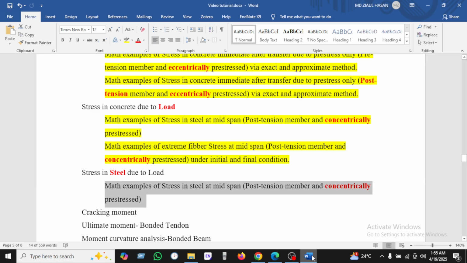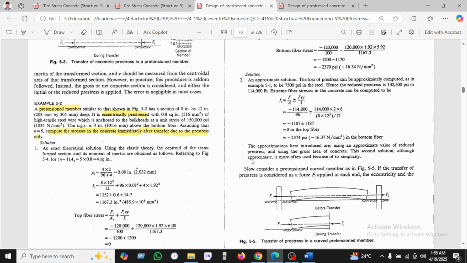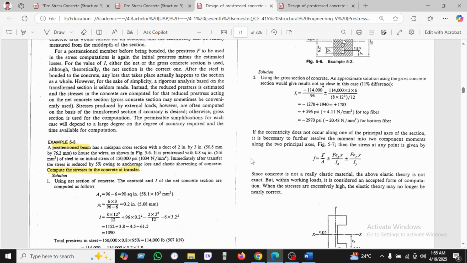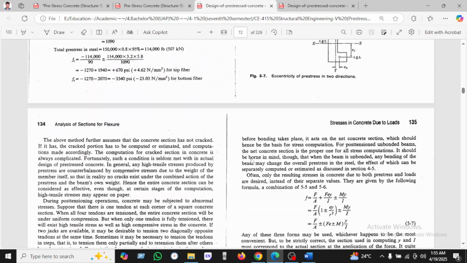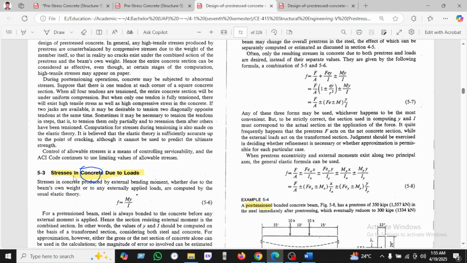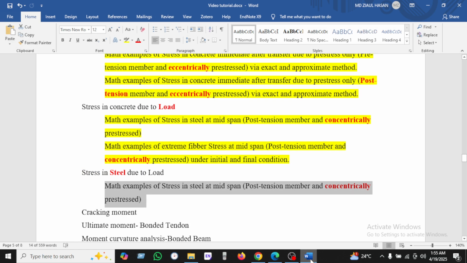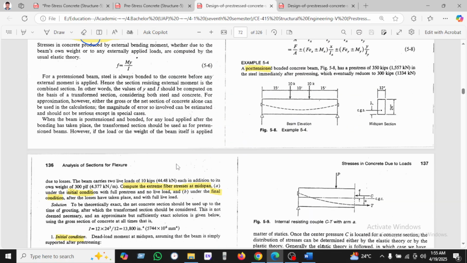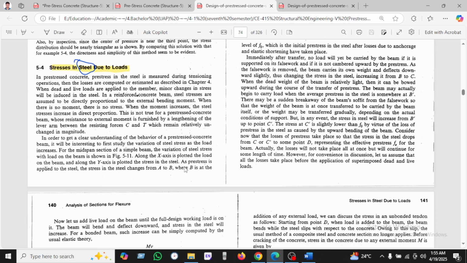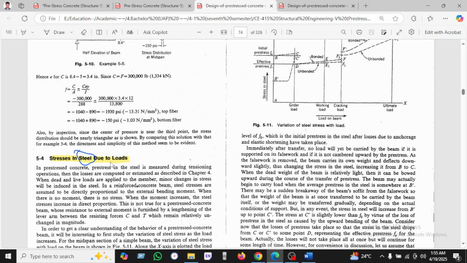Stress in steel due to load. This is the stress in concrete due to load. Stress in steel due to load. Okay, steel. Okay, stress in steel due to load.